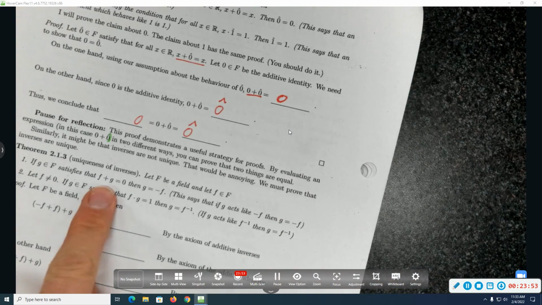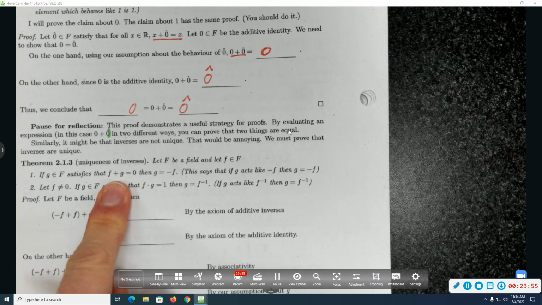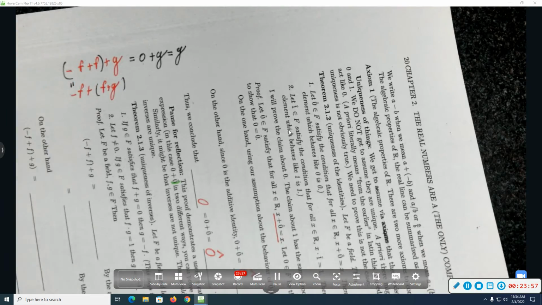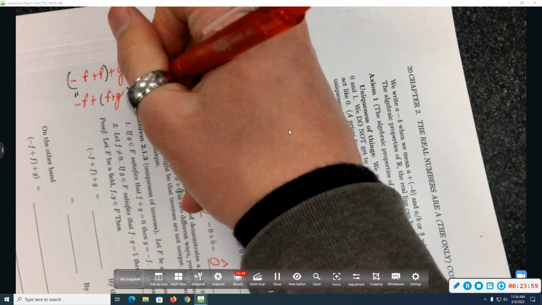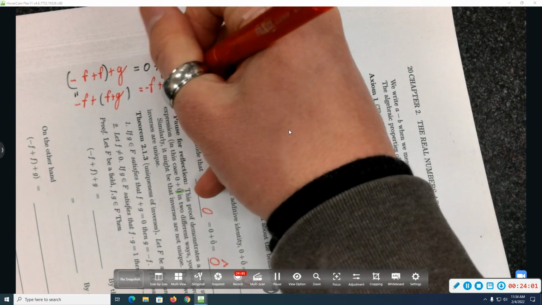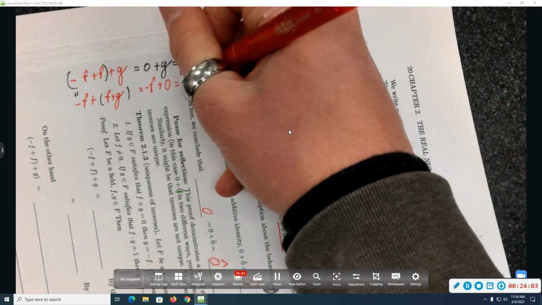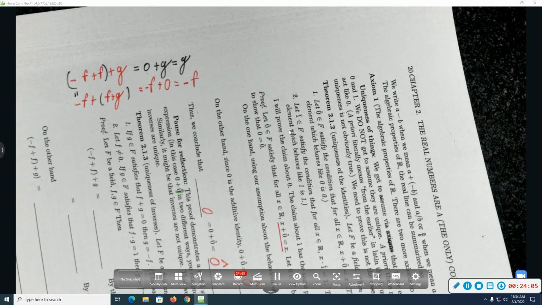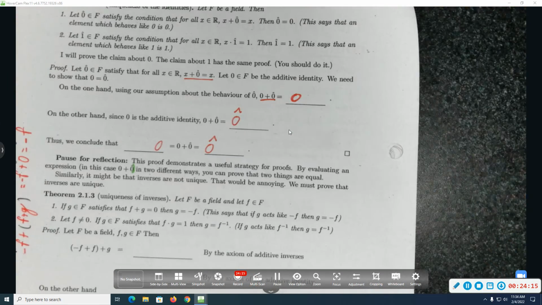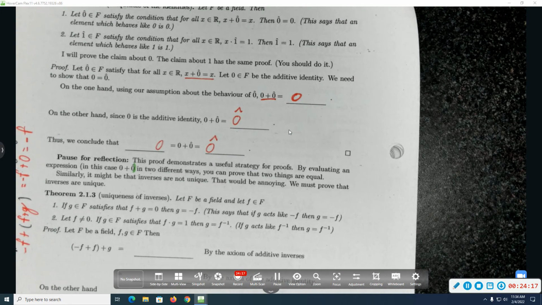Let's see, that's not quite what I assumed. I assumed f plus g is 0. So it equals negative f plus 0. What's negative f plus 0? Hey, does that do it? Yeah, so let's just put the rest of the words in.